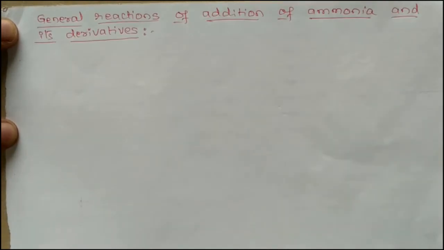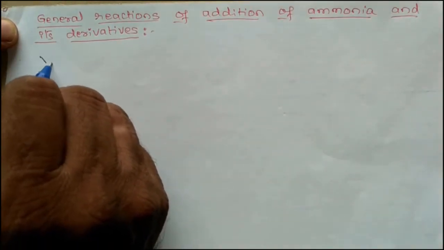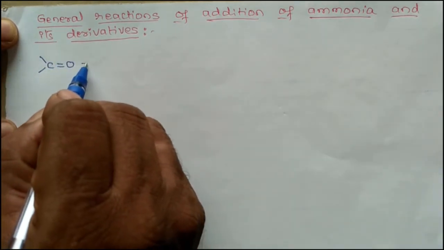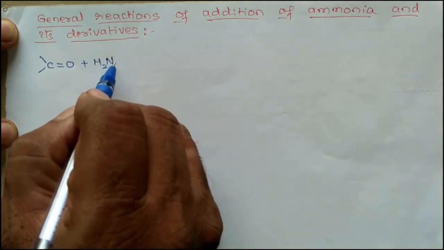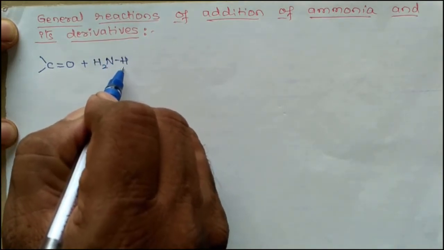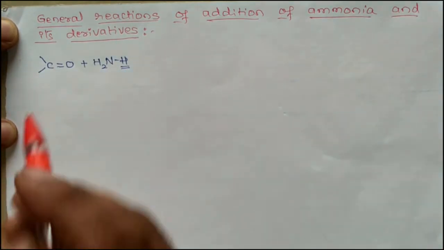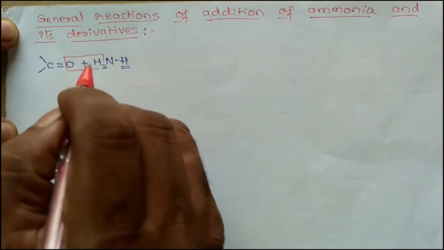General reactions of addition of ammonia and its derivatives. The first reaction is the carbonyl compound C double bond O reacting with ammonia. Ammonia can be written as H2NH, where Z is H. Eliminate a molecule of water between these compounds.